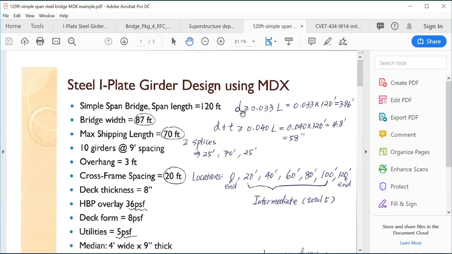Here we have the minimum depth of the steel portion, which is 0.033 times span length. So we have 0.033 times 120 feet and get 3.96 feet.